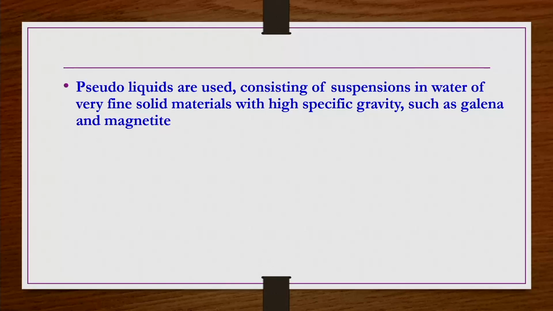And in general it is not possible to find a liquid with a density in between these two solid densities, which again becomes a problem. So, in order to avoid such problems, people have used pseudo liquids, which consist of a suspension in water of very fine solid materials with high specific gravity, such as galena and magnetite.